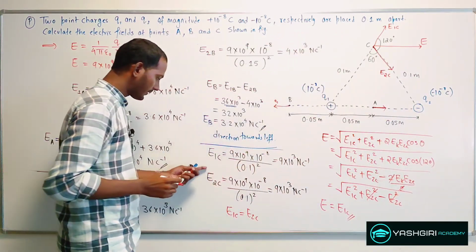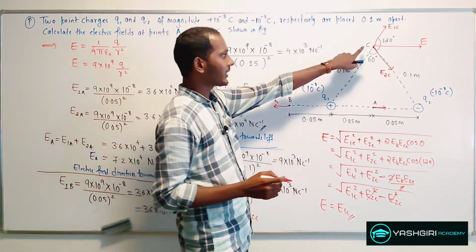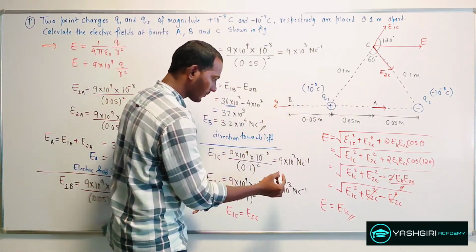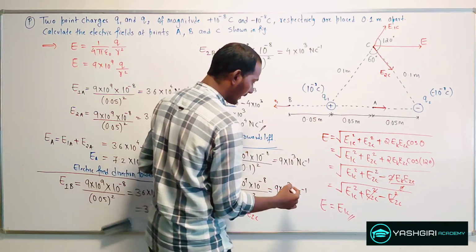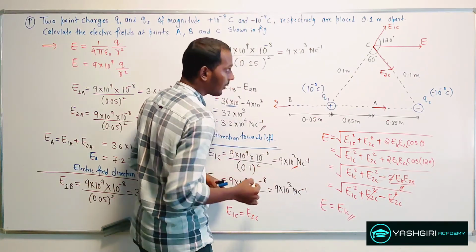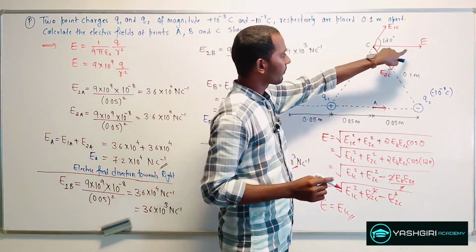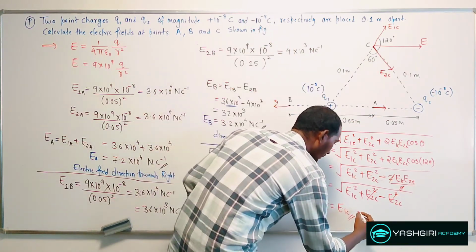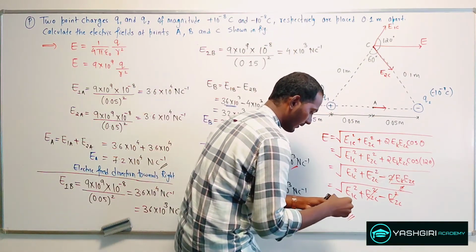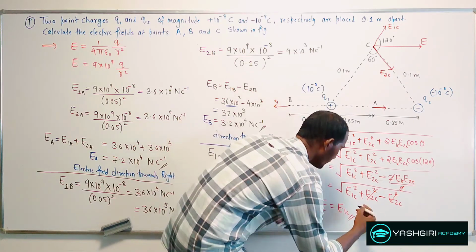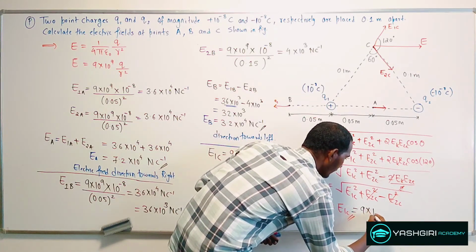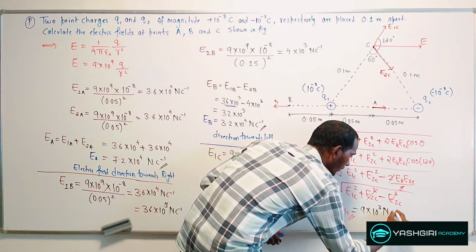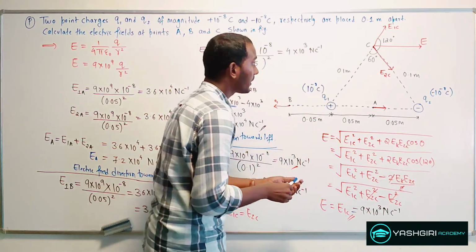So the net electric field at this point C will be equal to only any one of these values, that is 9 into 10 to the power 3, pointing towards the right. So the magnitude of the answer is 9 into 10 to the power 3 Newton Coulomb inverse, and it will be towards the right.